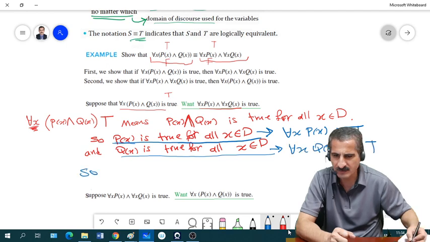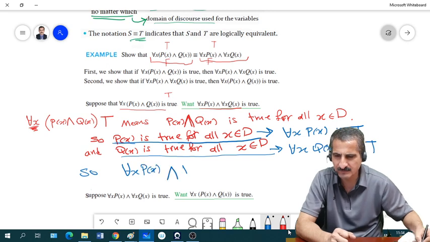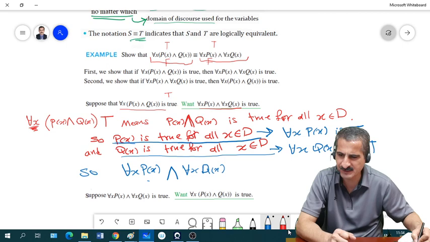So having this and having this, this represents we have true and true. So this is true and this is what we want.